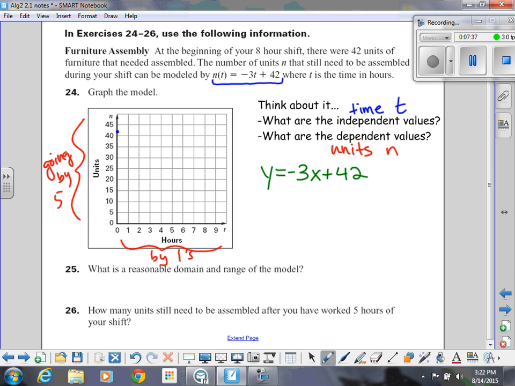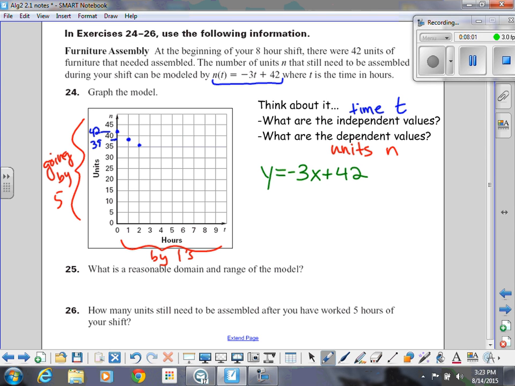I'll estimate that to be right here. And then I'm going to count down 3. If I count down 3, that would put me at 39. So I'm going to count down 3 and then over 1. And then if I go down 3 again, that'll put me down at 36. So down 3 over 1.